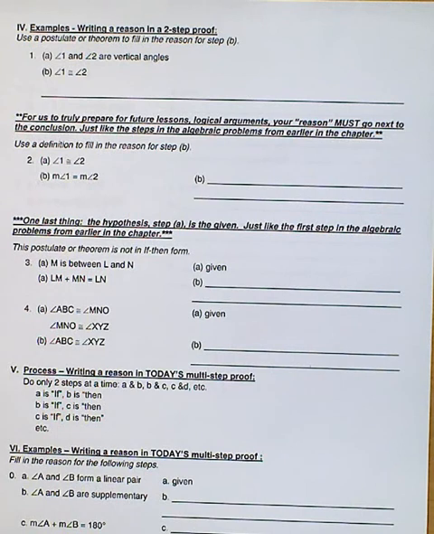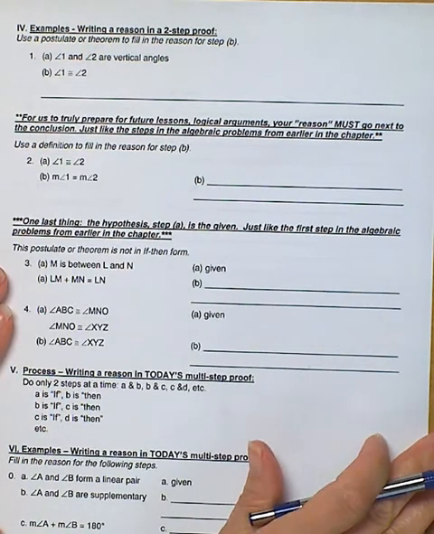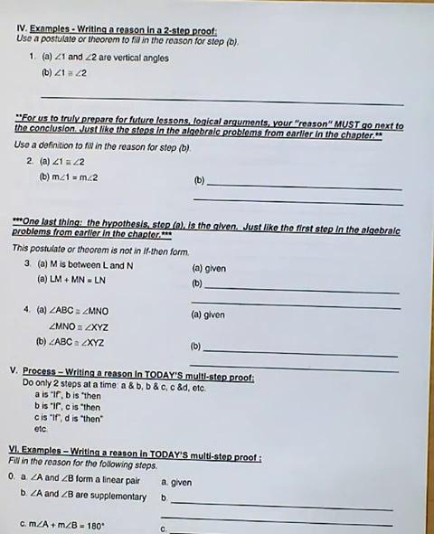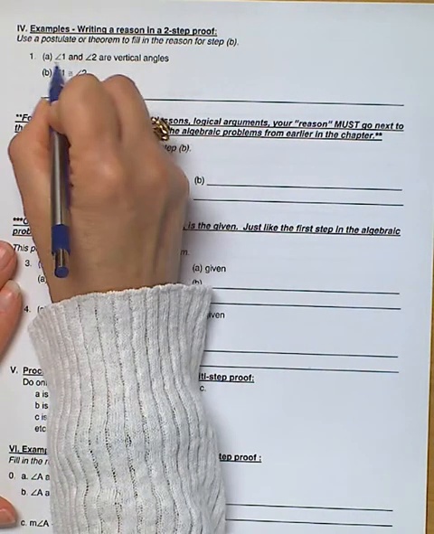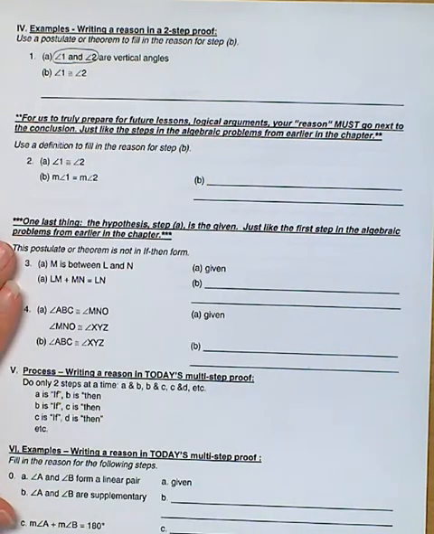Okay, so our first example is use a postulate or theorem to fill in the reason for step B. Now I can either memorize them, go look for them, or I can use the trick. I have two angles, and they are vertical.